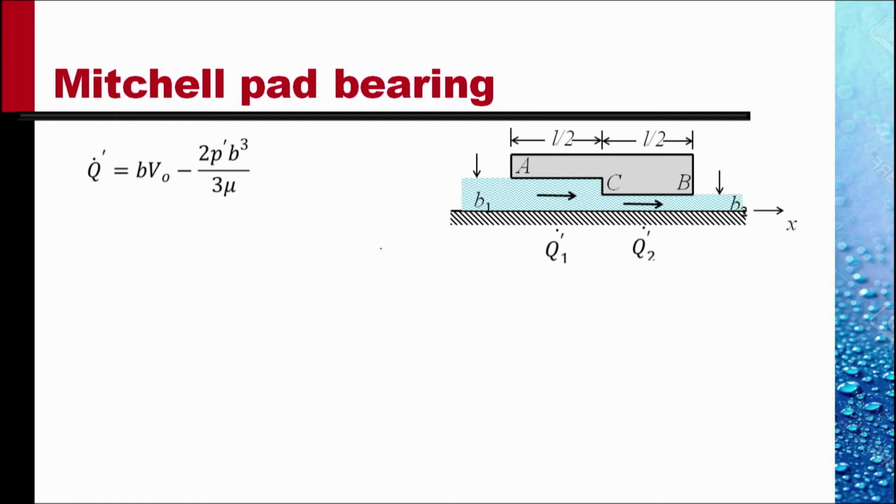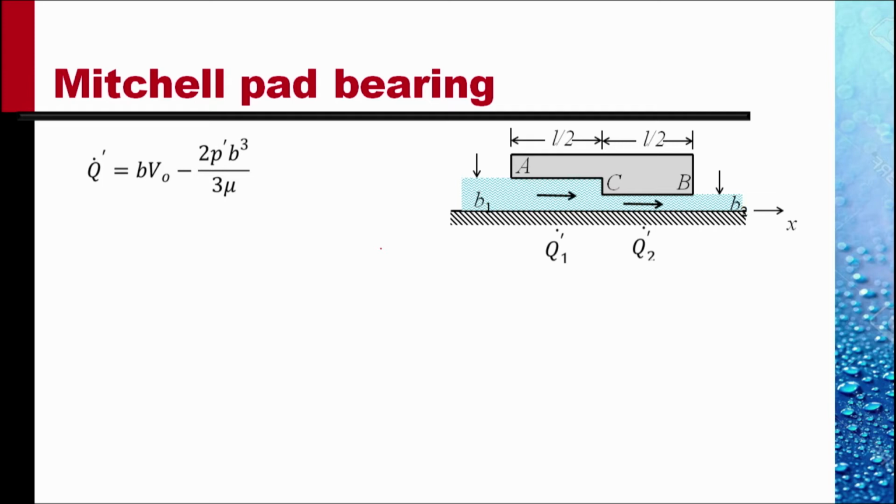now we have derived in the last presentation the volume flow rate per unit depth as B V naught minus twice P prime B cube by 3 mu, where B is half width of the channel and P prime is the pressure gradient along the length of the channel.